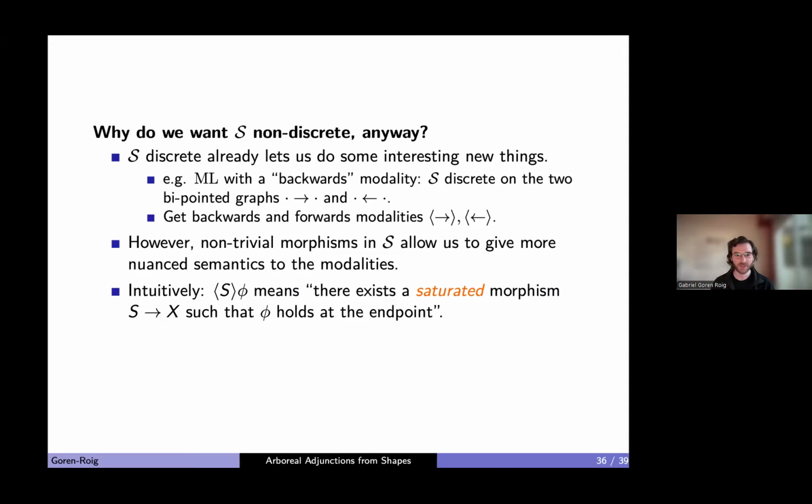But the intuition that I want you to have is that when you put a diamond modality indexed by a shape S in front of a formula, what you're saying is that there exists a saturated morphism, not just any morphism, but a saturated morphism from that shape, such that the formula phi holds starting from the endpoint of that map.